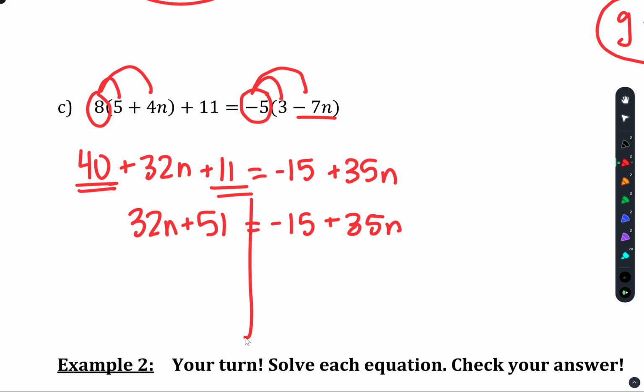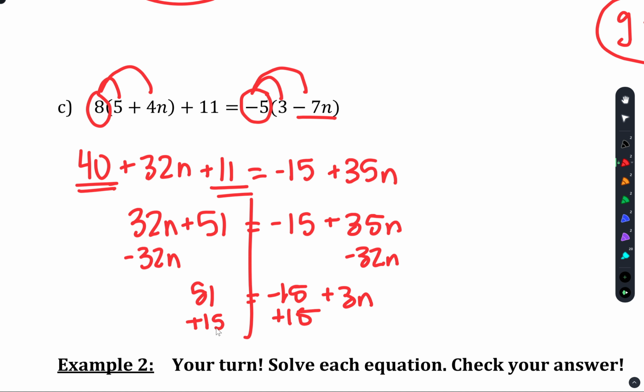And then from here, I should be able to just move my variables to one side and solve for n. So subtract 32n. 51 equals negative 15 plus 3n. Add 15 to both sides. I'm running out of room, but this becomes 66 equals 3n.